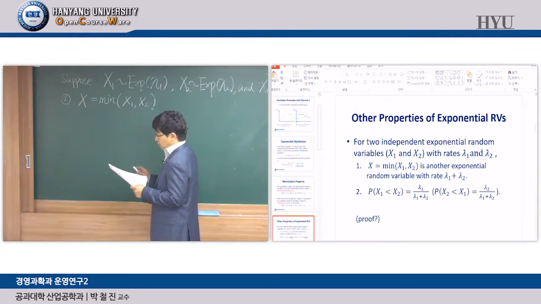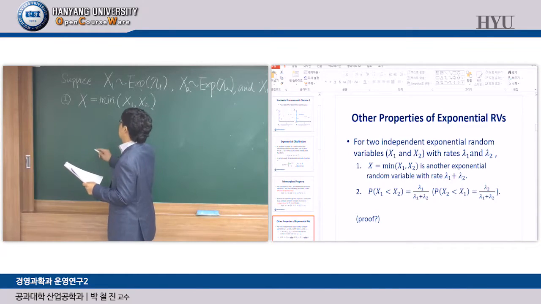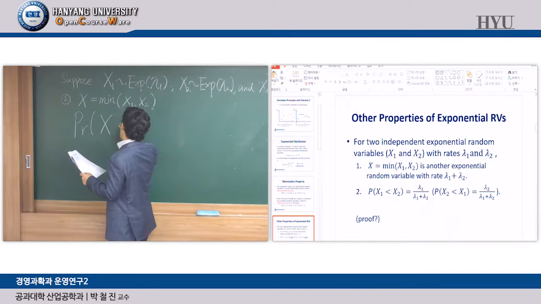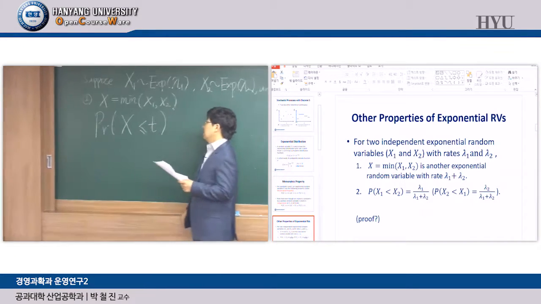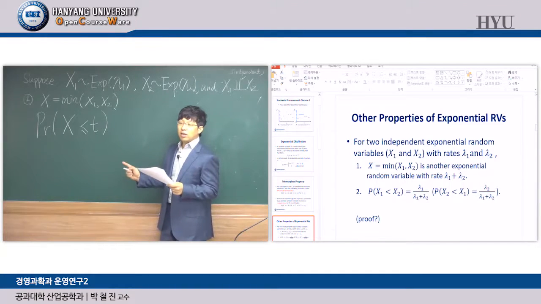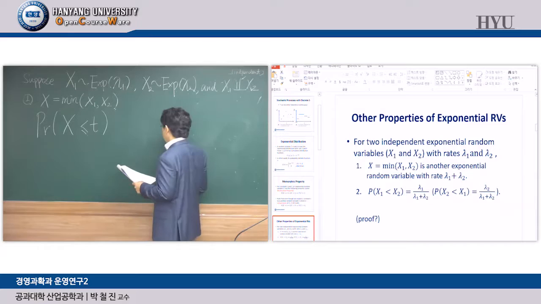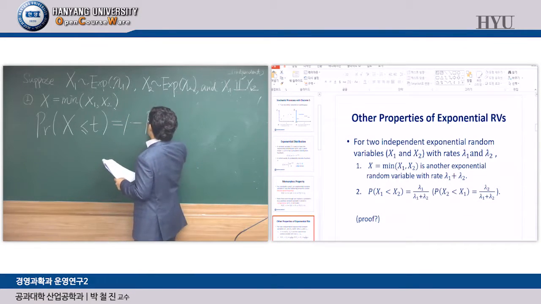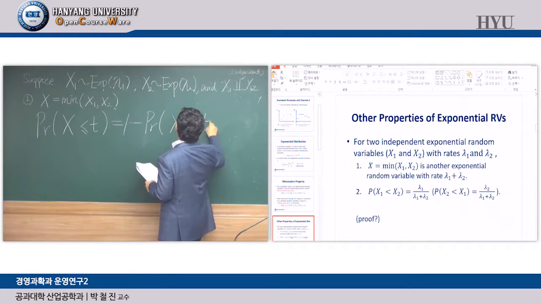That means we can figure out probabilities regarding X. Let's say, in this case, the probability that X is smaller than or equal to t. This is the cumulative distribution function of X.